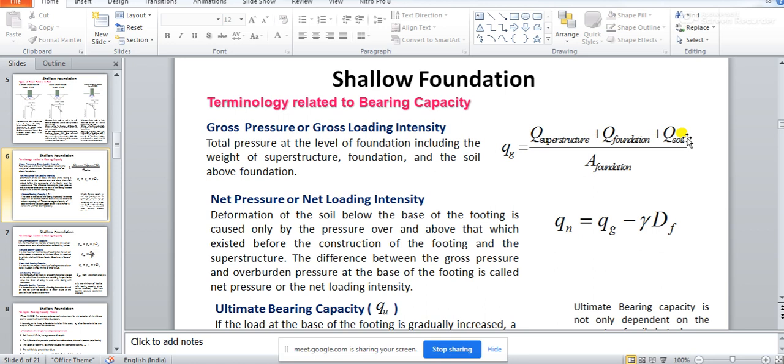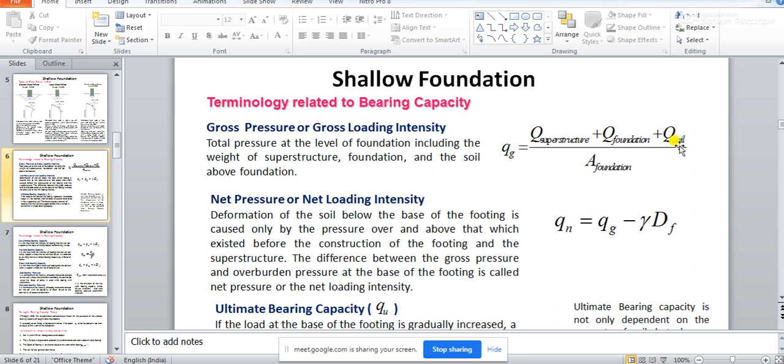See, the foundation will be underneath the soil. So on top of the foundation also there will be some soil, and the soil will also have some weight.